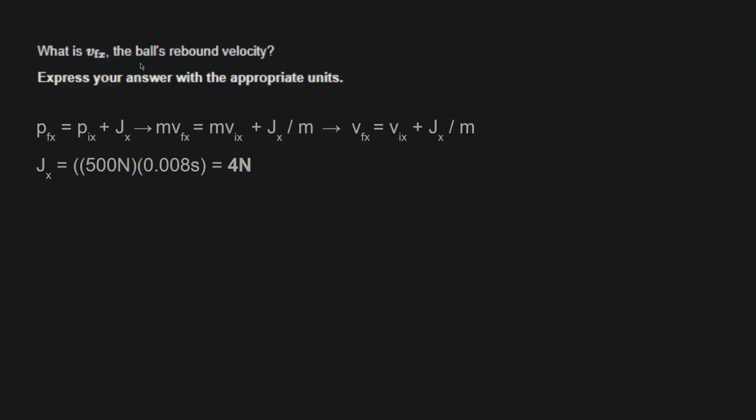So what this problem wants to find out is the final velocity as the ball rebounds off the wall. So what you use is, well, the area under the curve. So this would mean that you want to convert this to mass times the velocity, and then finally to velocity.